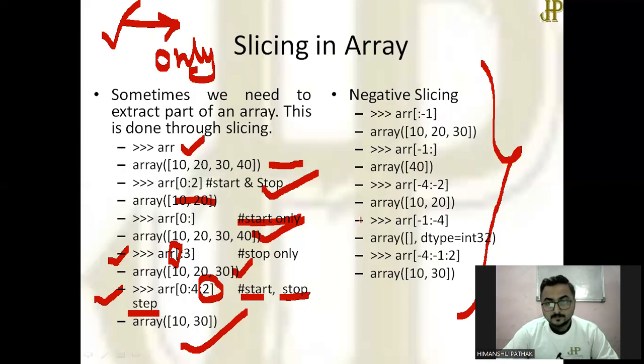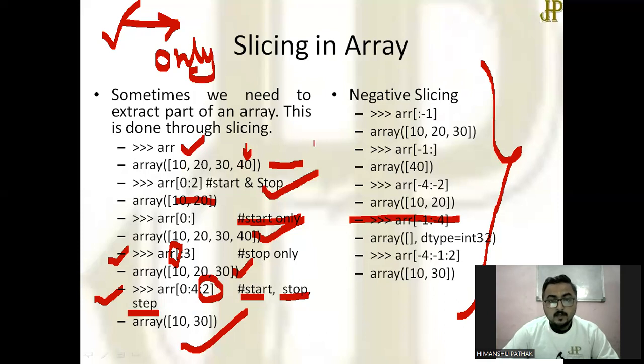Like this here. In this example, what I have done? I have given the starting position as -1. That means it will start with 40. And the stop value is -4. That is -1, -2, -3, -4.